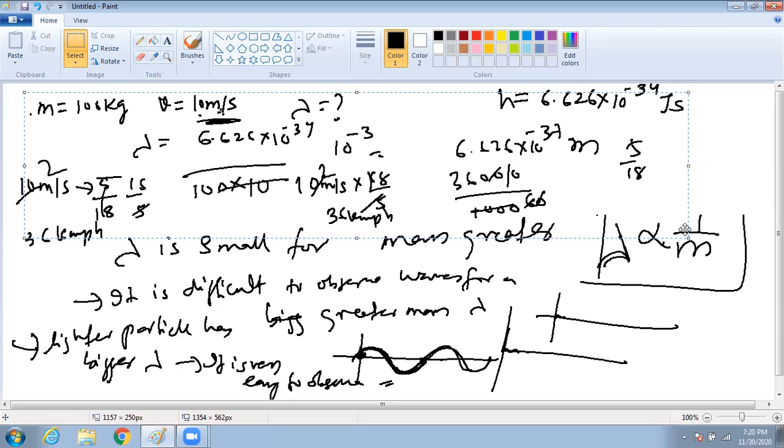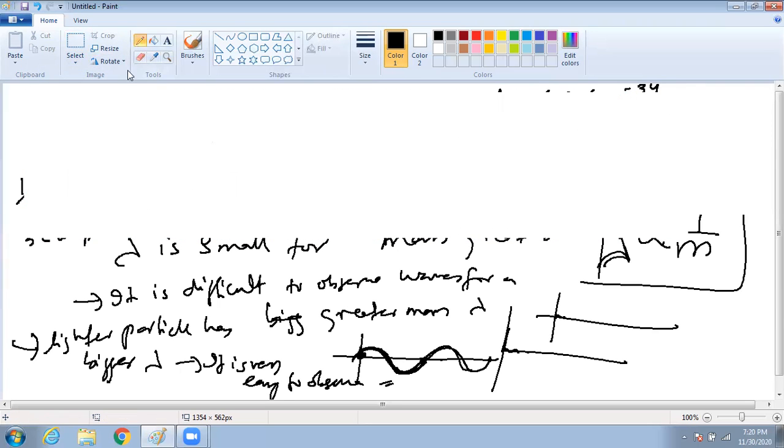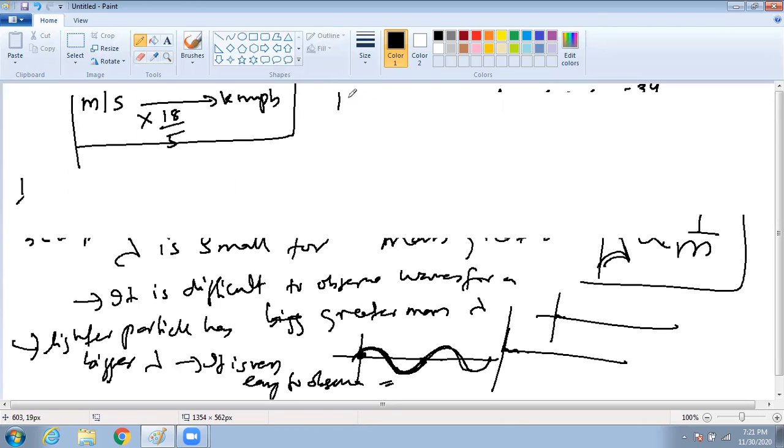Meter per second to kilometer per hour, multiply 18 by 5. Kilometer per hour to meter per second, multiply 5 by 18.